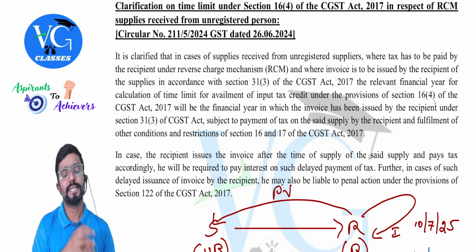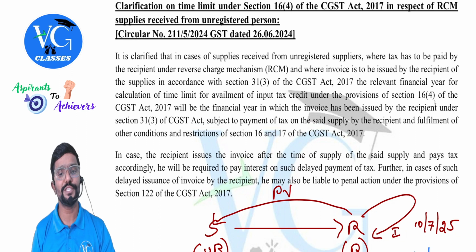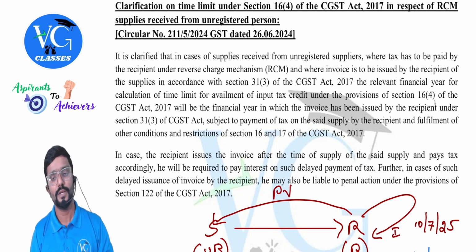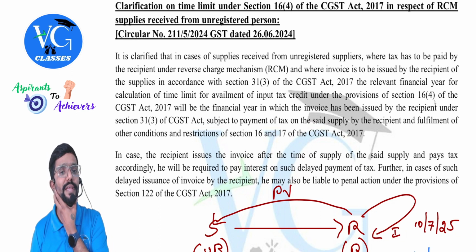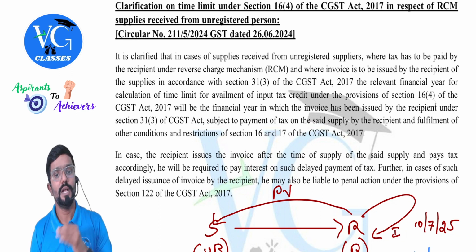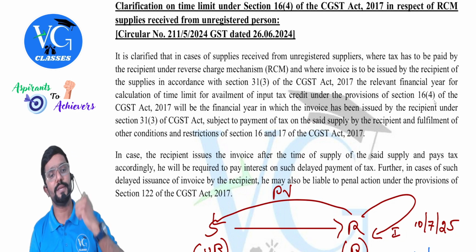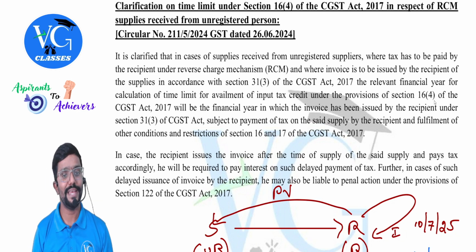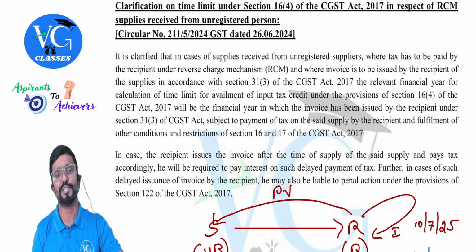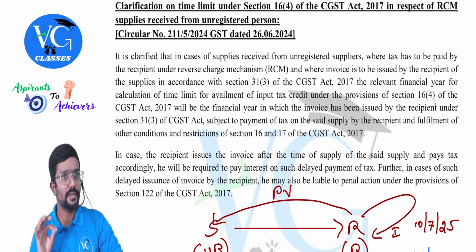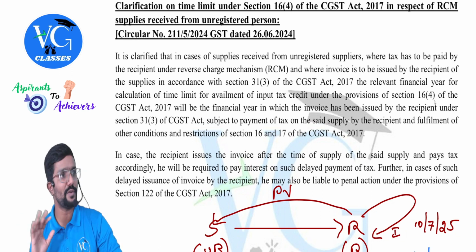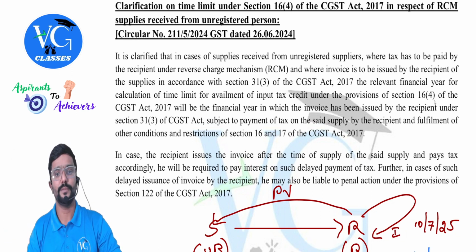It is clarified that in cases of supplies received from unregistered suppliers, where the tax has to be paid by the recipient under reverse charge, and where the invoice is to be issued by the recipient of the supplies in accordance with section 31 subsection 3, which talks about self-invoicing, we have not yet covered section 31 subsection 3 actually. That will come later.